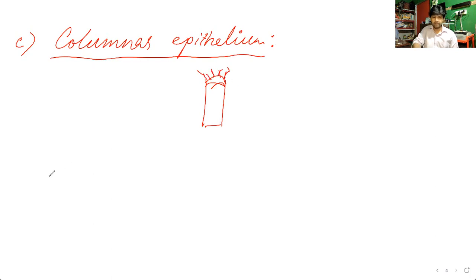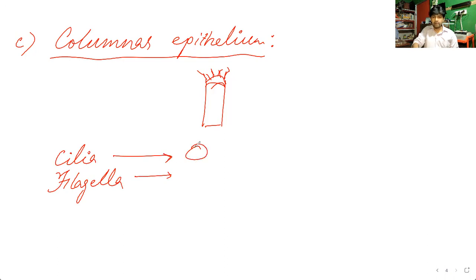So what are cilia and flagella? That also I want to tell you. Actually in some cells, it is observed that around the cell, some short hair-like structures are there, which help them to move sometimes, or which help them to swim. If they are in water or any liquid, then they help them to swim there.